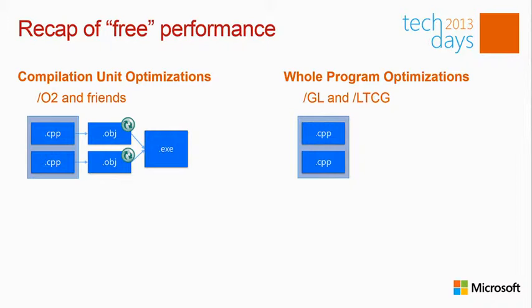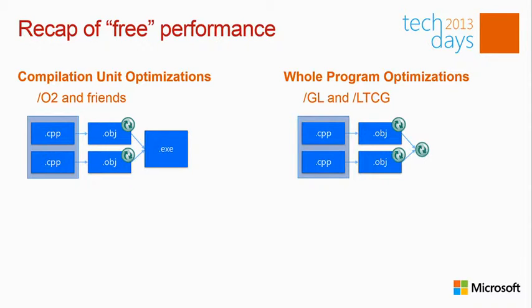You have your same CPPs. When you compile them, we're going to create the OBJs, and the OBJs are going to have some optimization in them. And then before we link, we combine those OBJs, and we do further optimization on that combination. So let's say you had one function in one CPP file calling another function from another CPP file. We can say, you know what, that function is always called from the first function in the other CPP. I can inline them.